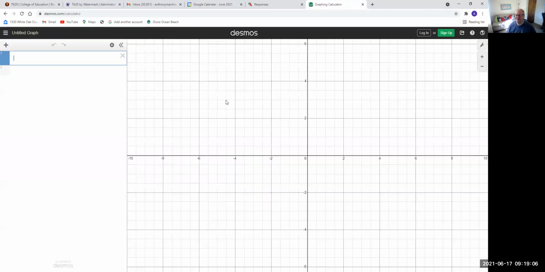All right, we're in Desmos now. So now let's put the inequalities in. I'd like to show you first what they look like without the x greater than 0 stuff.